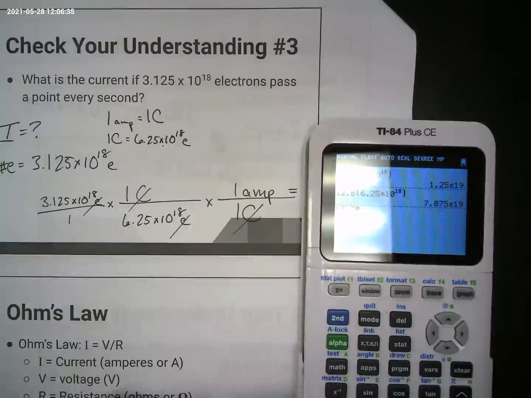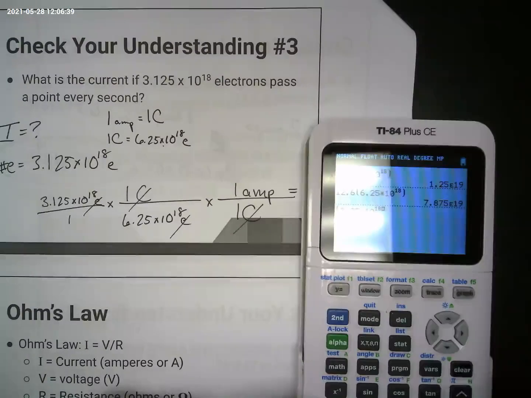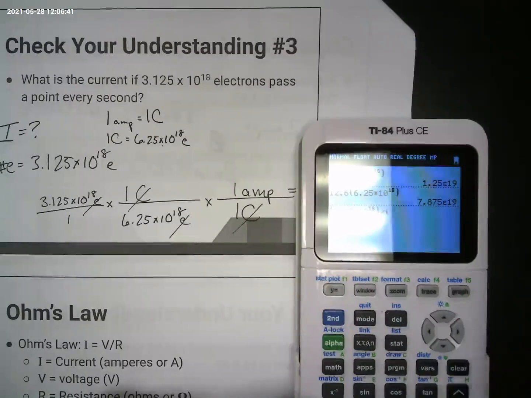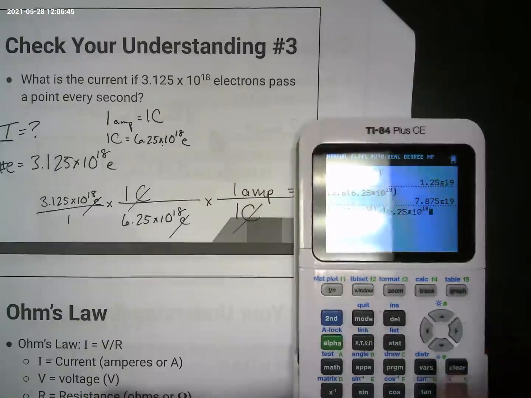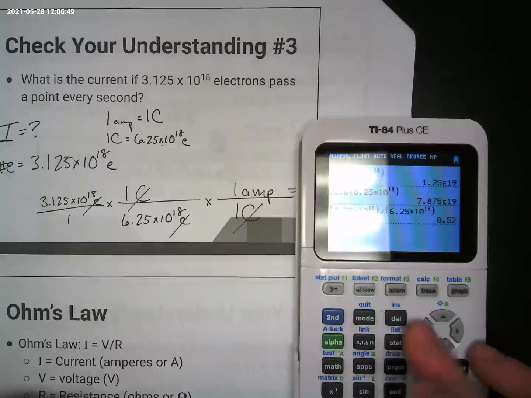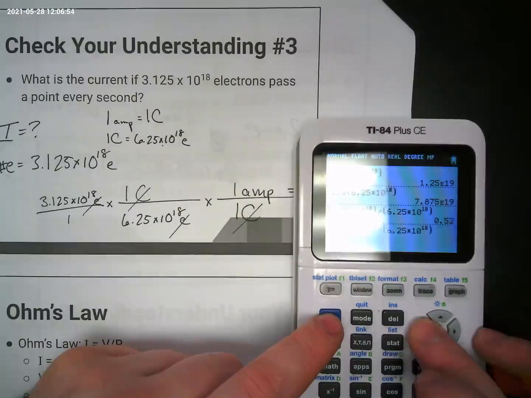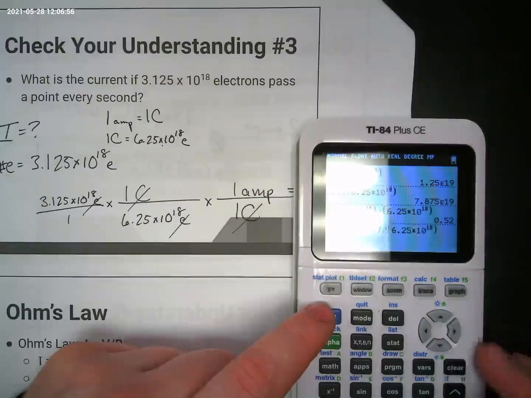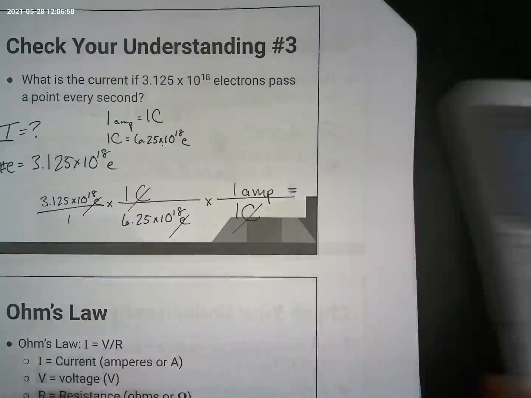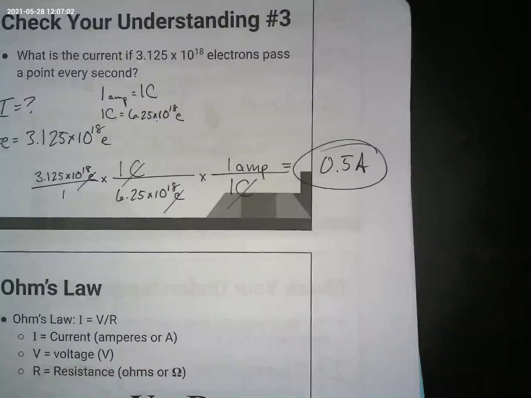So it'll be 3.125 times 10 to the 18th power divided by 6.25 times 10 to the 18th power. And then that's going to give me a nice even 0.5 amps for my current.